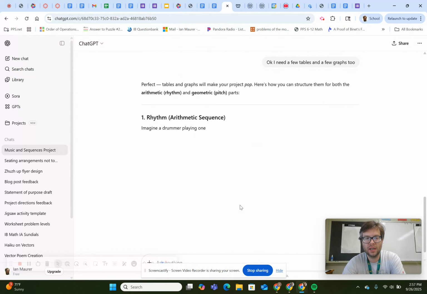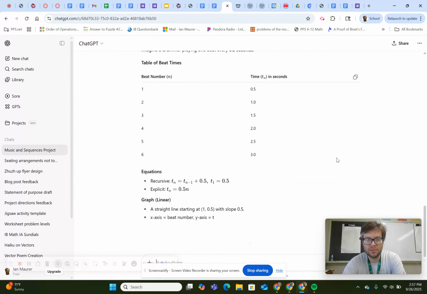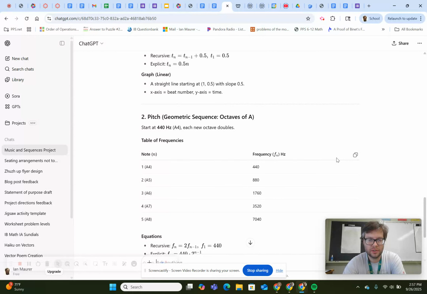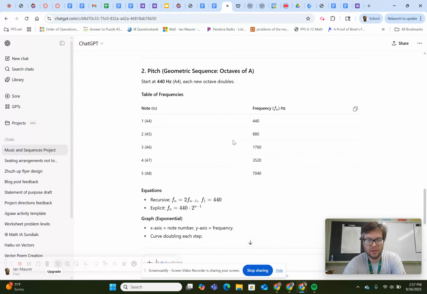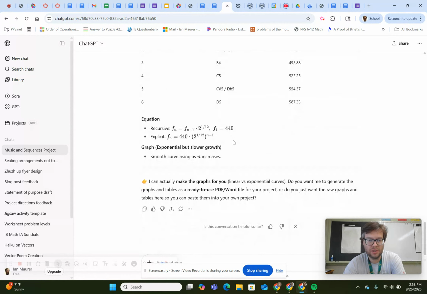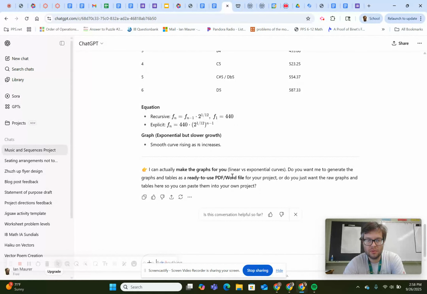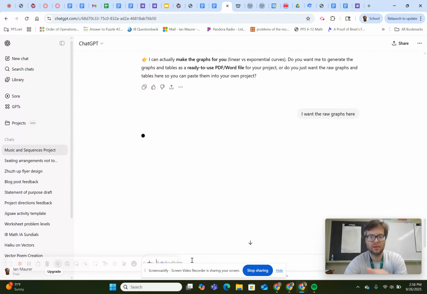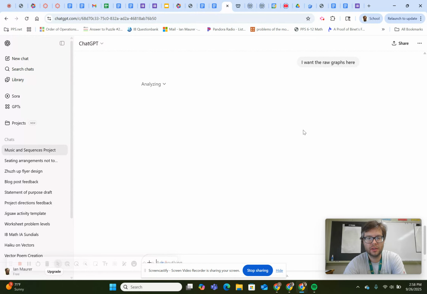And it puts together some tables of values for your drummer, puts together a table for your octaves, for different pitch. It makes graphs and asks me if I want a PDF file. So I would just say, I want the raw graphs here. I don't want a PDF.